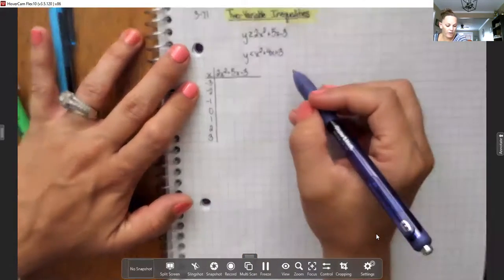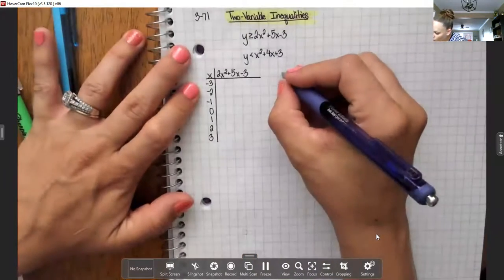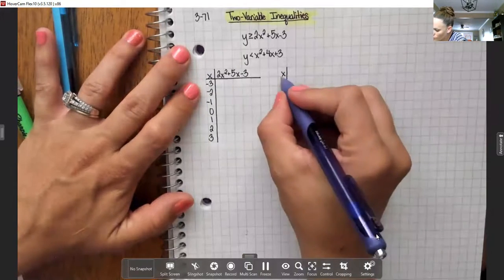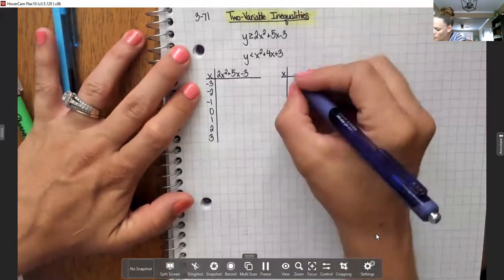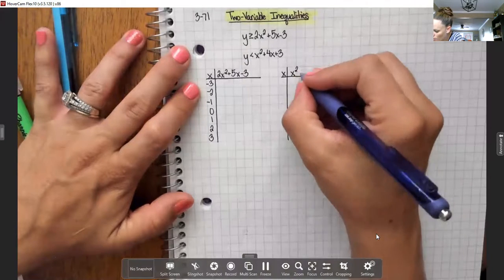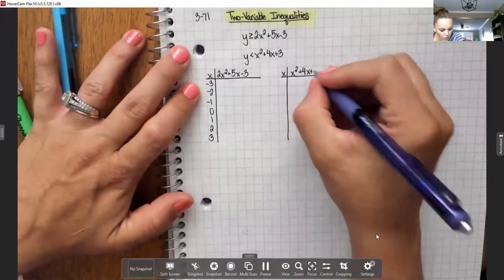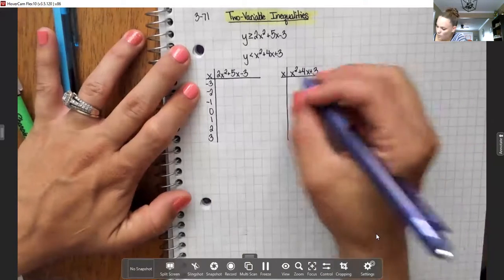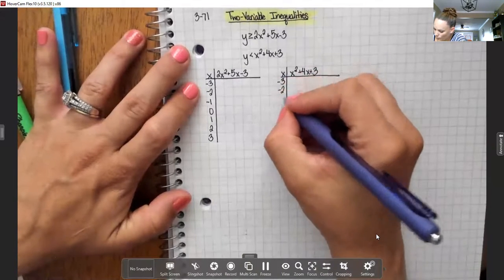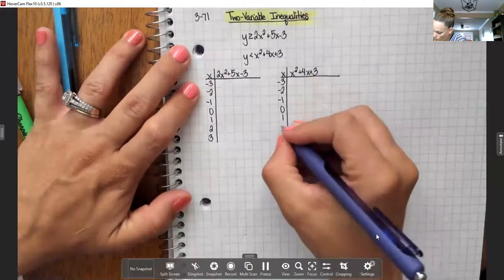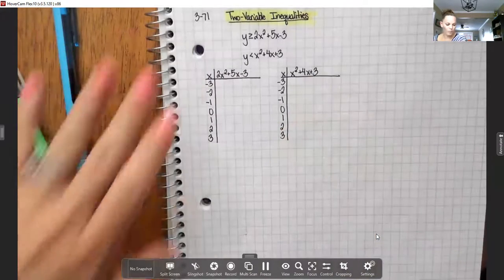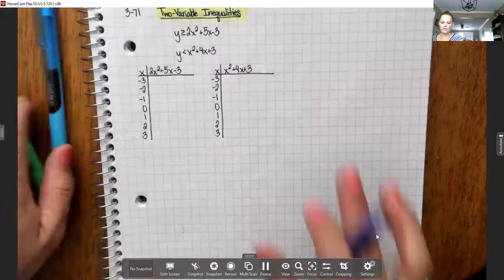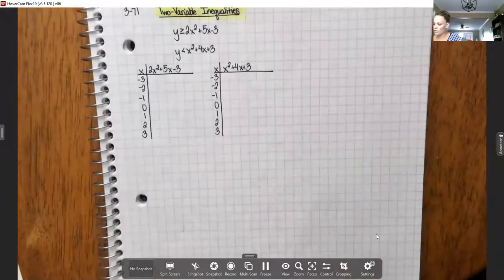And then I'm going to make another table for the other one. And I'll leave space to graph it over here.